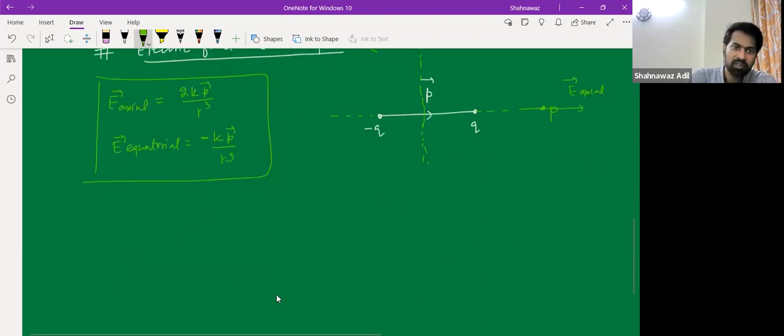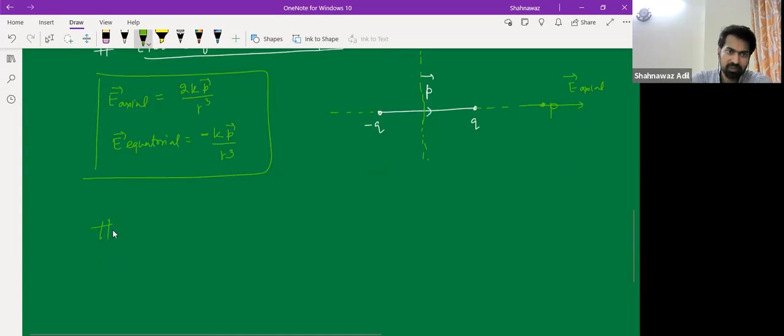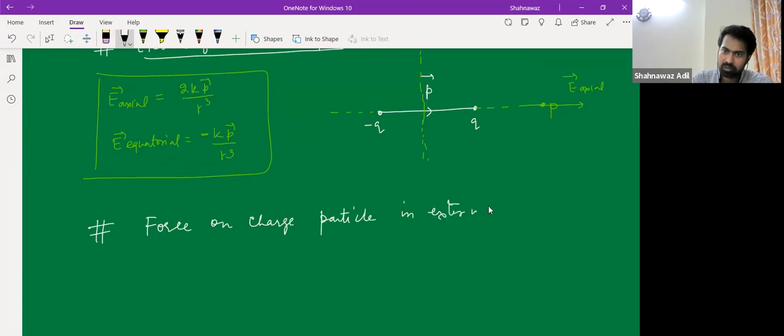And in the next part, we learned about force on a charged particle in an external electric field. Right. Before that, we learned about electric field lines.